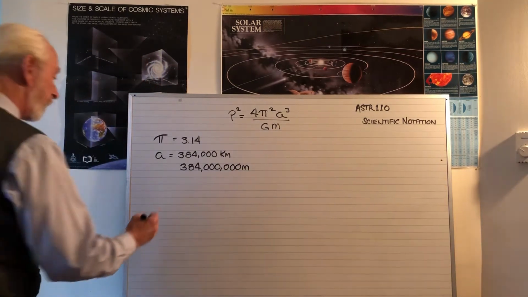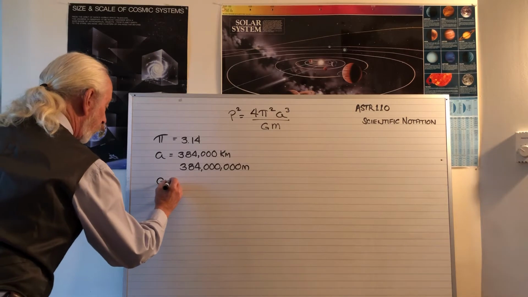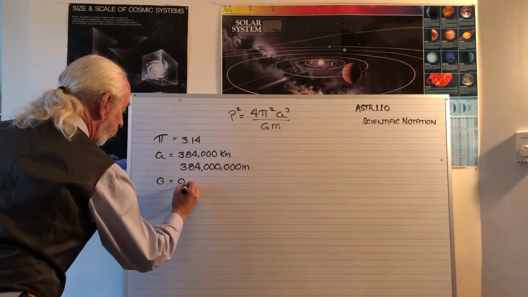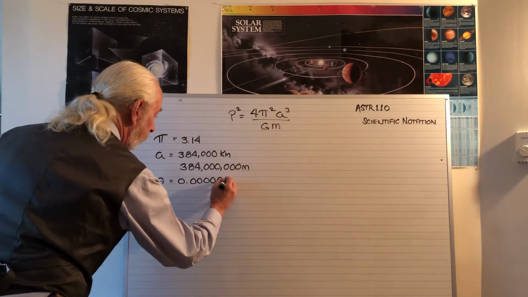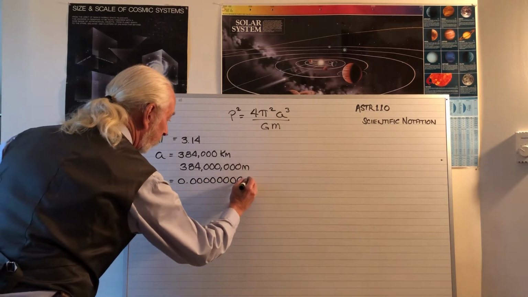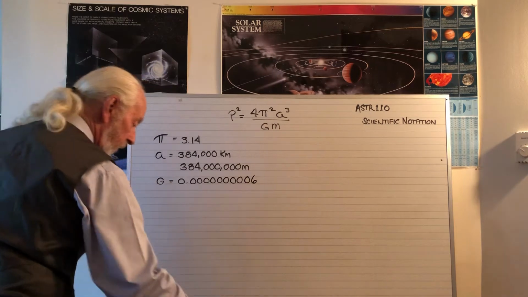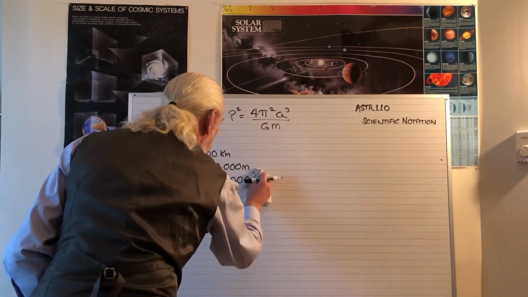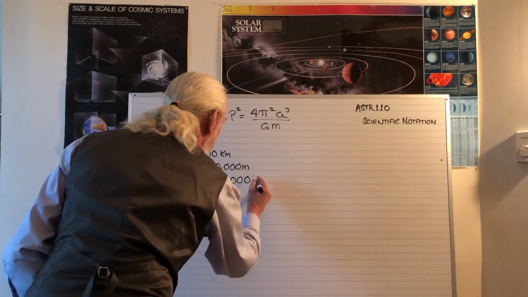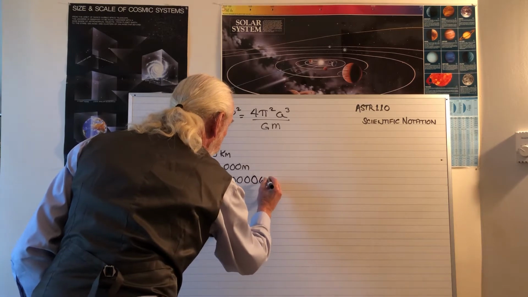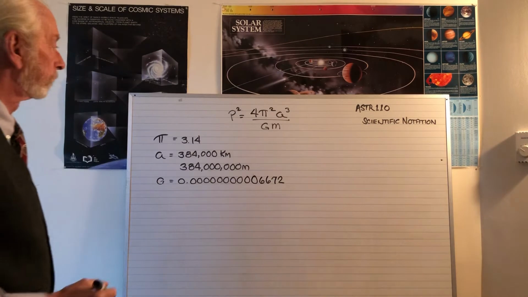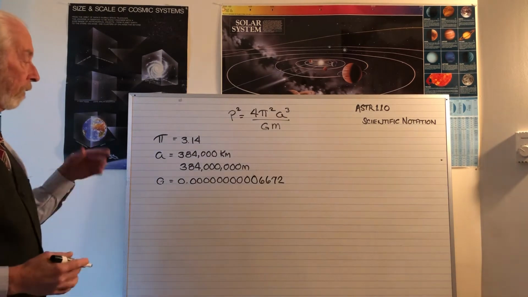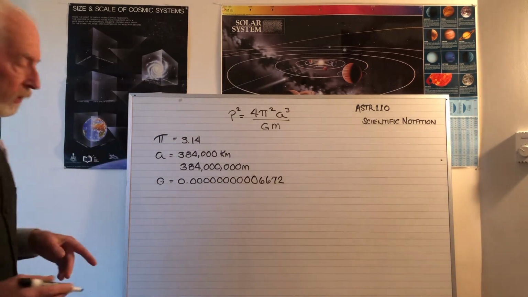G is the universal gravitational constant. It's a number that reads this way. And m would, in this case, refer to the mass of the Earth.